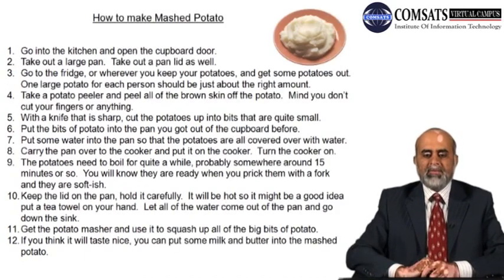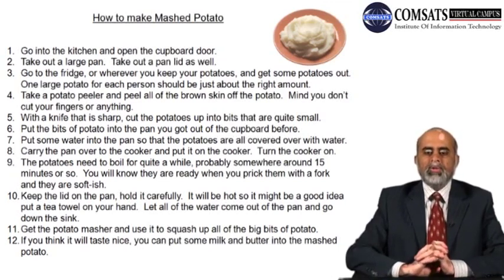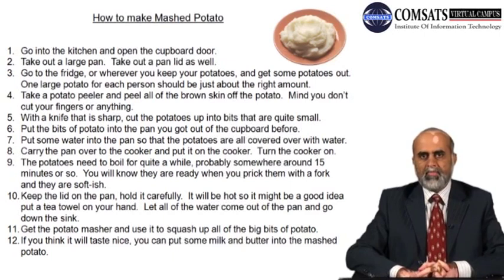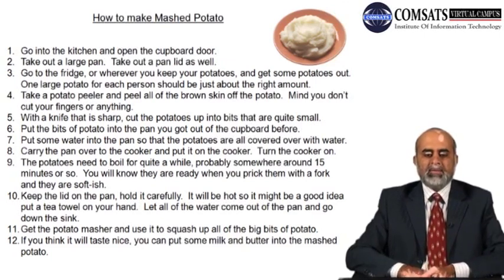Okay, now here we have an activity. Here you have 12 set of instructions on how to make mashed potato. Right? I would like you to go through it, take some time, go through this slide, and once you have finished it, I would like you to improve this set of instructions.